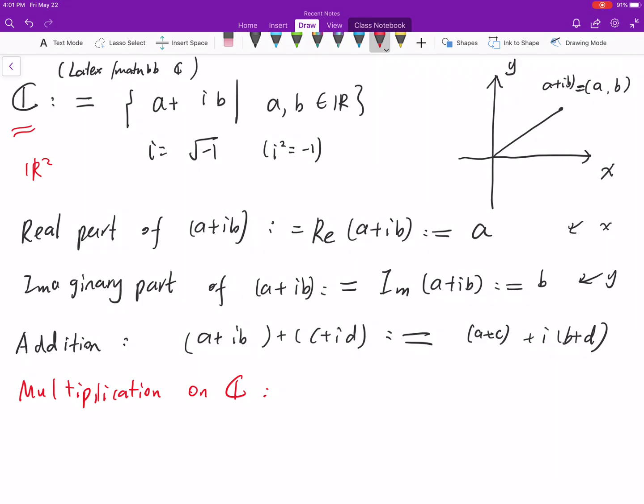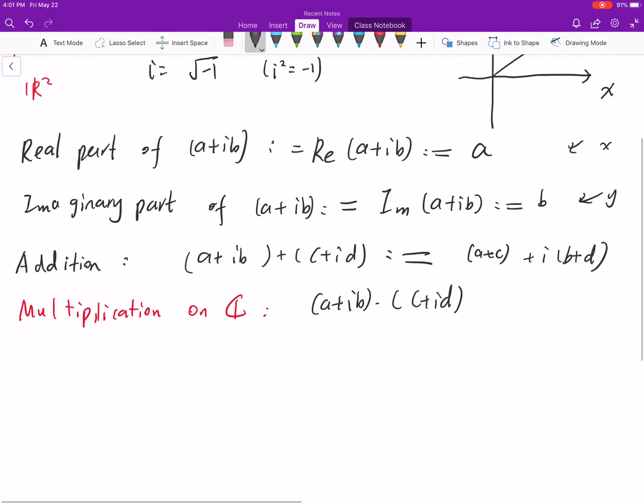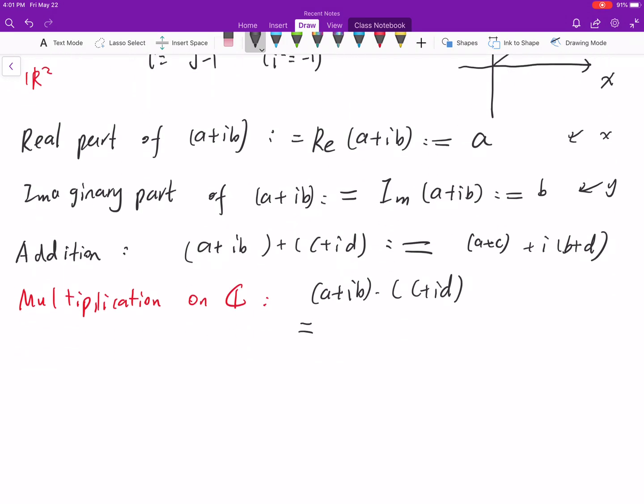Okay, so the definition is the following. a plus ib, an arbitrary complex number, times c plus id is defined to be a times c plus ib times, we use the distribution law, a times id plus i squared bd.